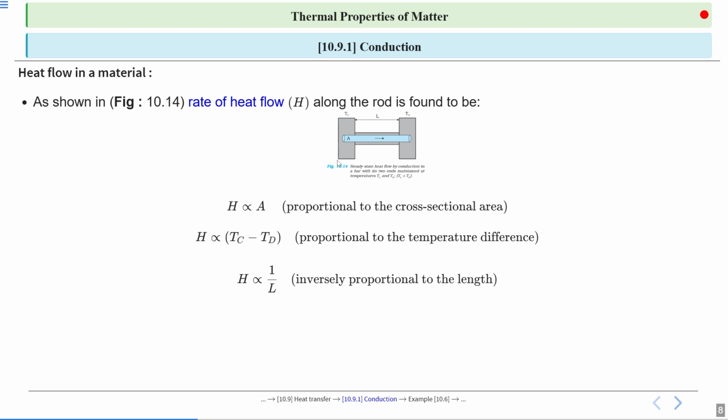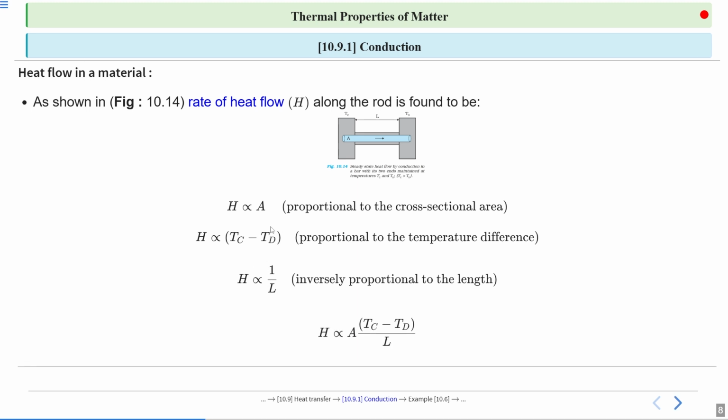Third, the rate of heat flow from one end to another end is inversely proportional to the length of the rod. It means if the length is more, the rate of heat flow is less. It is inversely proportional.